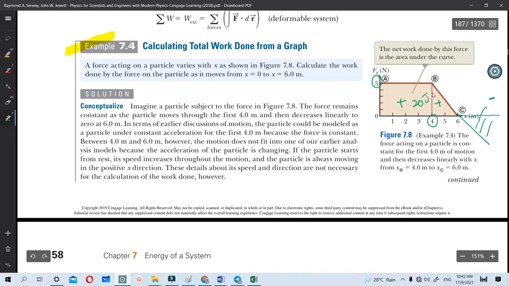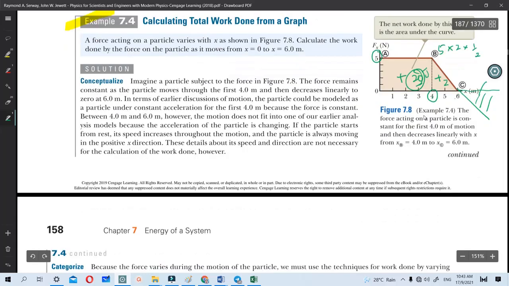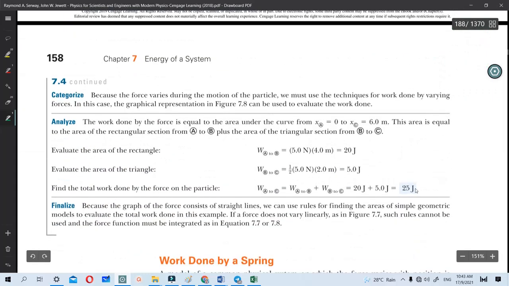And here is 5 times 2, since 4 to 6 is 2, so 5 times 2 times 1 over 2 is just 5. So altogether it should be 20 plus 5, and the answer is a positive 25 joule.